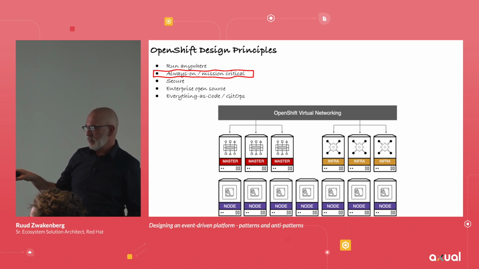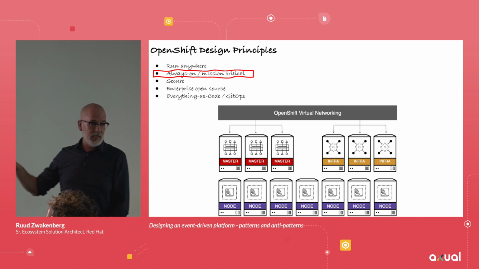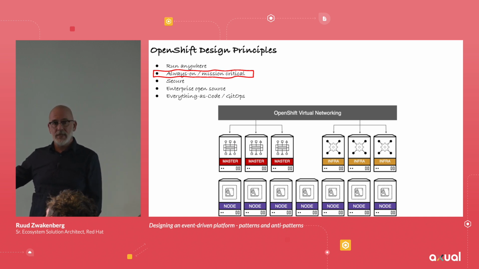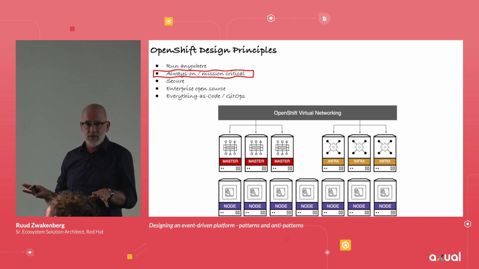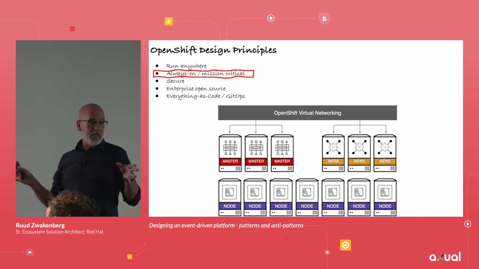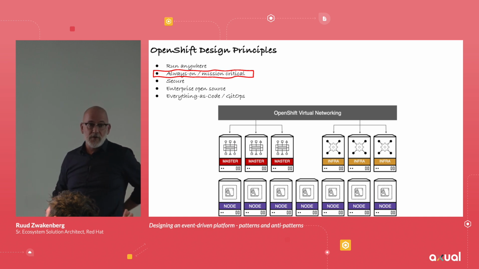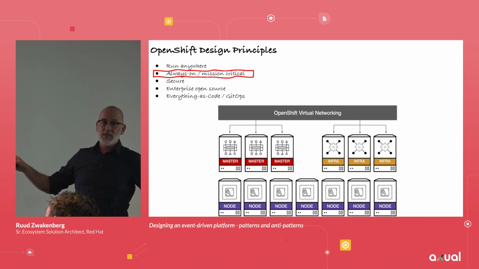And with OpenShift, we know, because it's running a lot of mission critical workloads, it is designed and built and created and maintained to be always on, right? This is just an example of an architecture, but everything is very redundant. Now you say, okay, but then I need a lot of compute. I see you nodding. Yes, you do, but that's the choice, right?